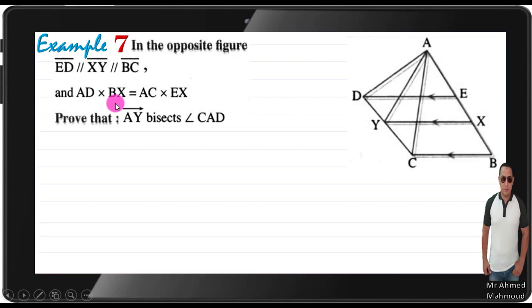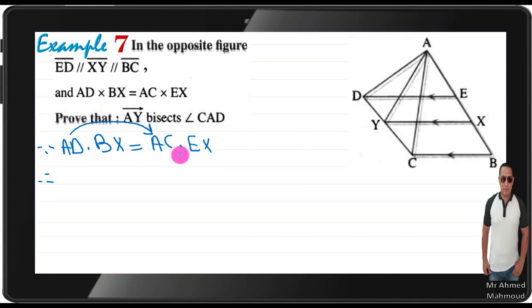Since AD times BX equals AC times EX, therefore AD over AC equals EX over BX. This is from the proportion properties.